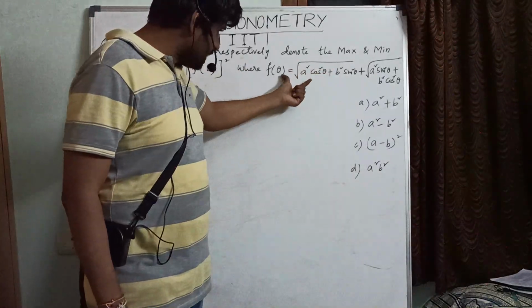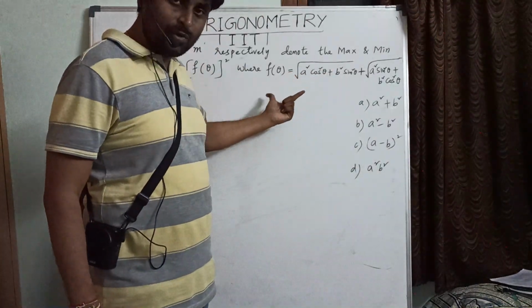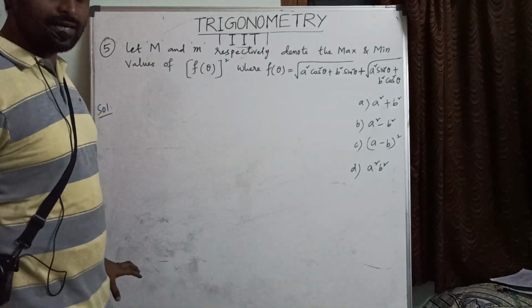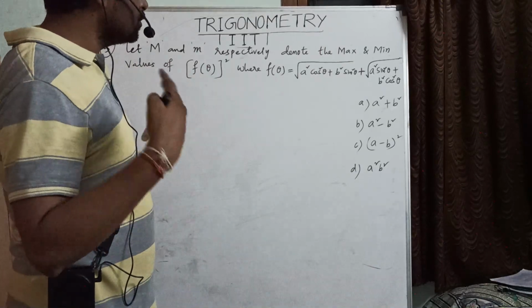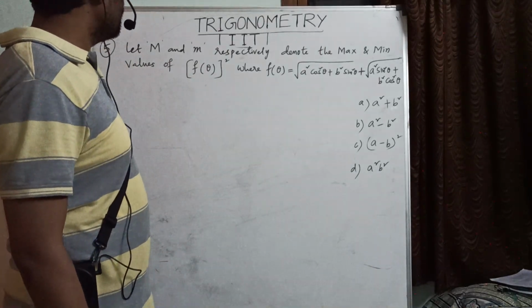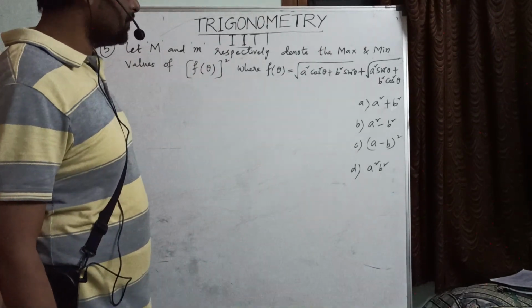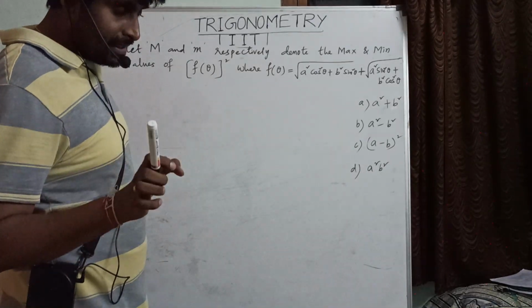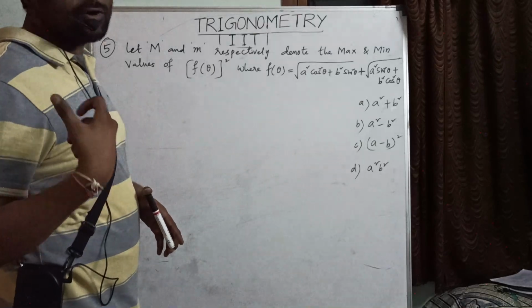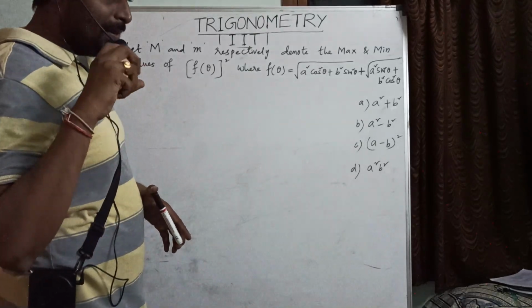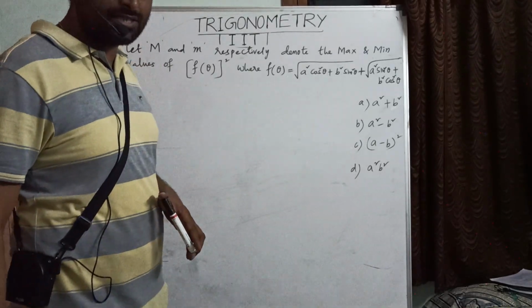So first of all, let us take squaring on both sides, because we need f of theta whole square. In squaring on both sides, we'll come to identify minimum and maximum value for that. But remember one thing, whenever expression is given in sin cos, what is the maximum value of that expression?